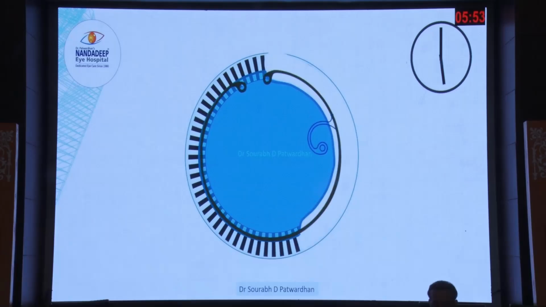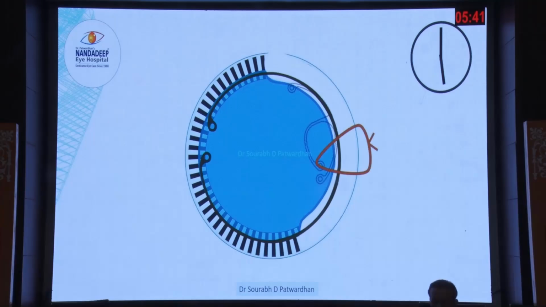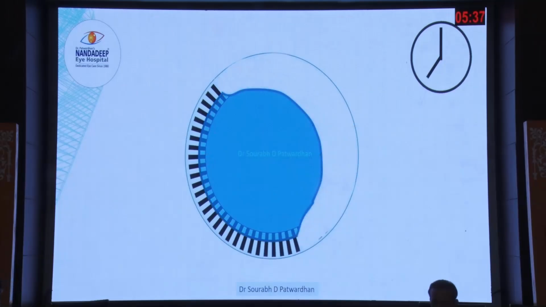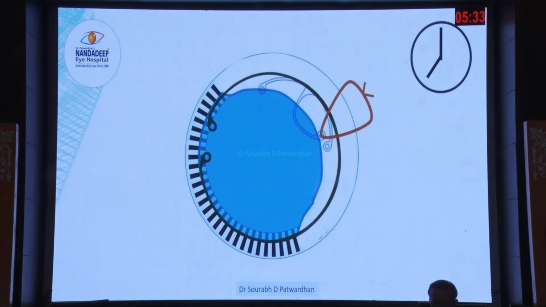But if it is more, say 6 clock hours or more, then we have to either go with a Cionni ring, fix it with sclera, or we can use CTR and then in that area put a CT segment, which is an easier approach than Cionni, and fix it to the sclera. Now when it is much more, for example 8 clock hours or more, sometimes only one-side CTS is not sufficient, because ultimately it might get decentered to the other side. So we might have to put 2 CT segments 180 degrees apart.